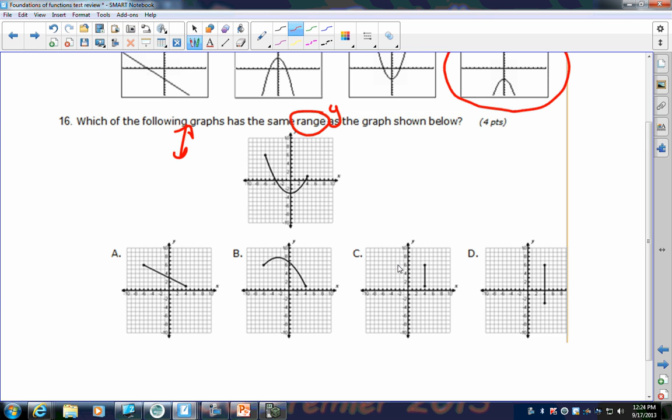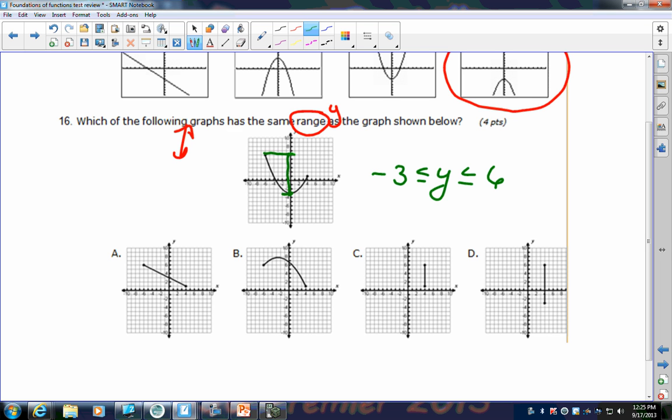First off, this range starts down here at -3 and my graph is going up, so the lowest is -3. The highest is, let me make sure because that graph's little, yep, 6. So this is -3 less than or equal to y less than or equal to 6.